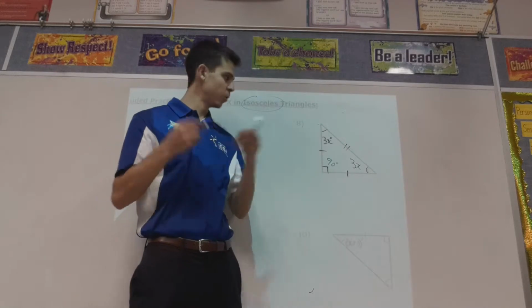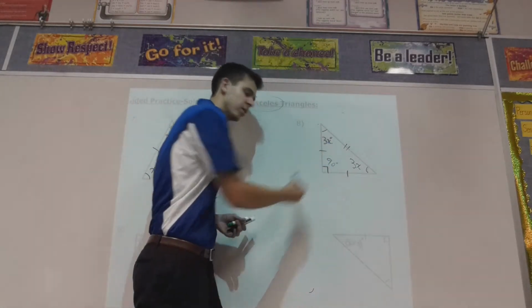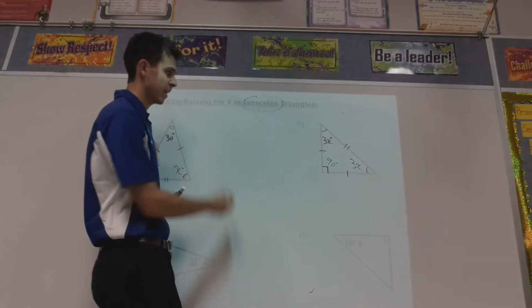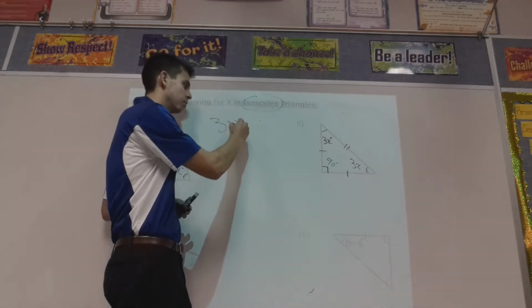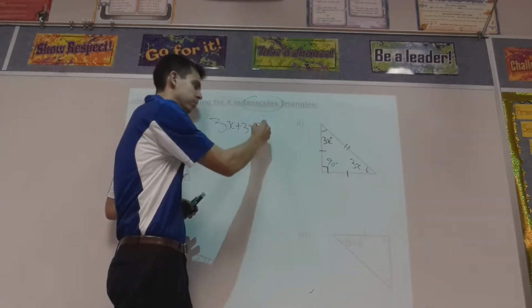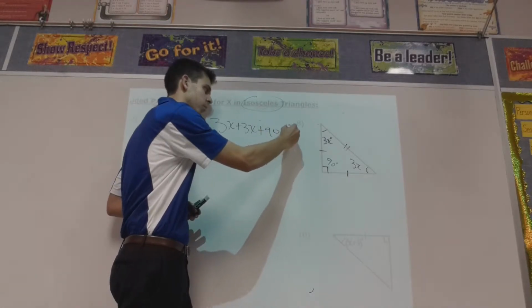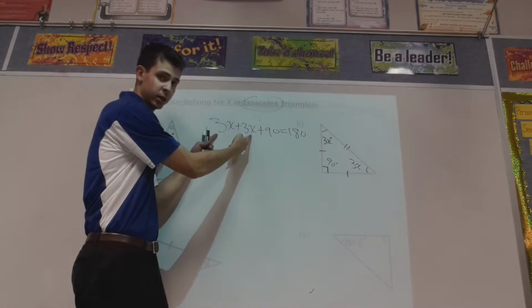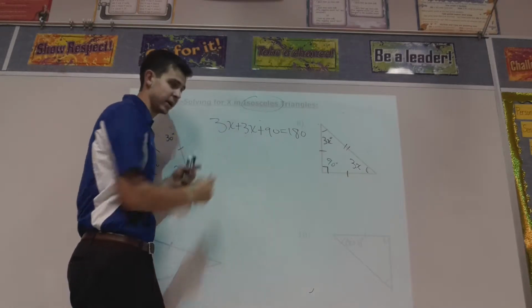Now when I'm setting this equation up, I just need to add all these together and set it equal to 180, something like this. I have 3x plus 3x plus 90 should equal 180. Combining like terms, I have 3x's here and 3x's here.